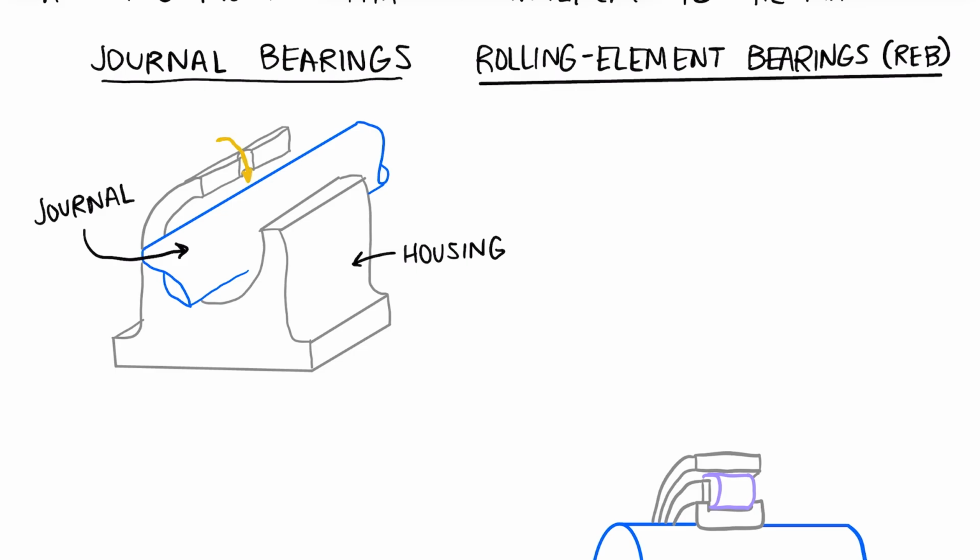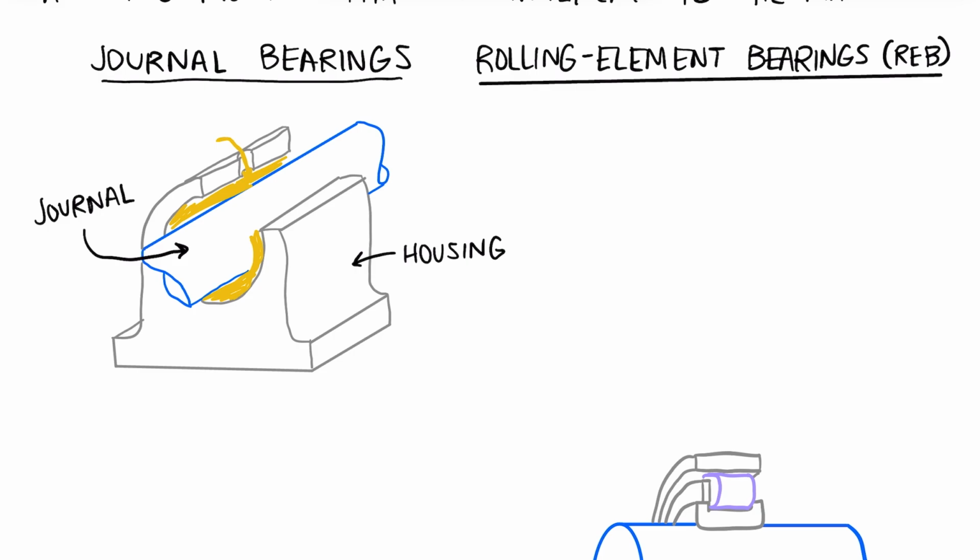The lubricant comes in some sort of port on the outside, and then it fills this space between the journal and the housing, and that keeps everything well lubricated, lowers friction, and allows for relative rotation of the journal against the housing with little resistance.